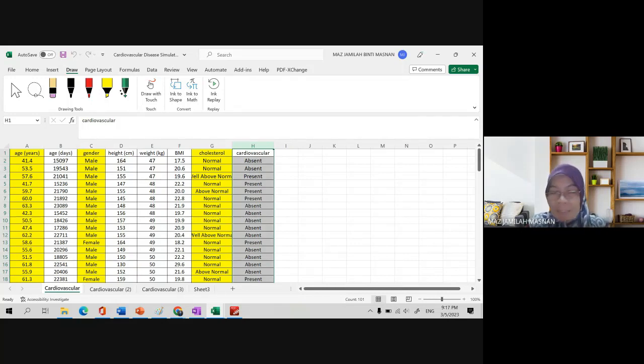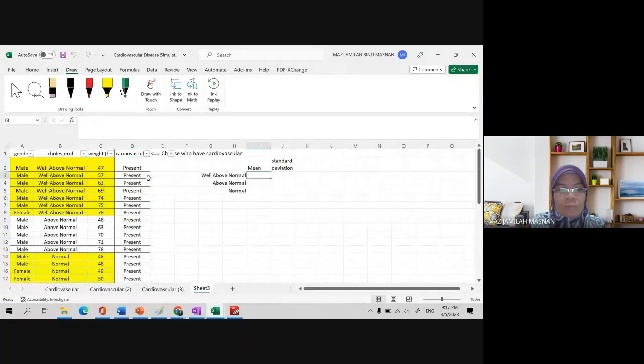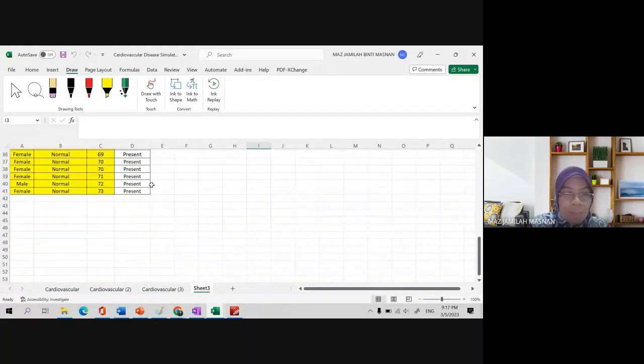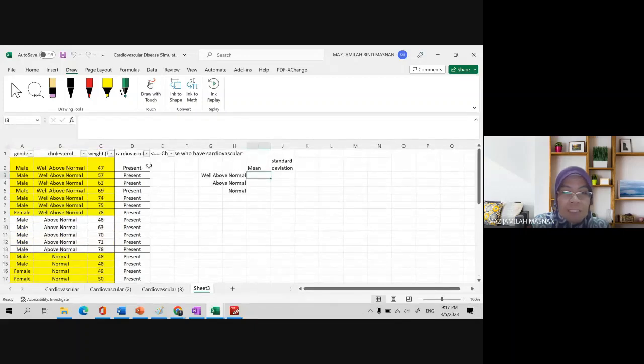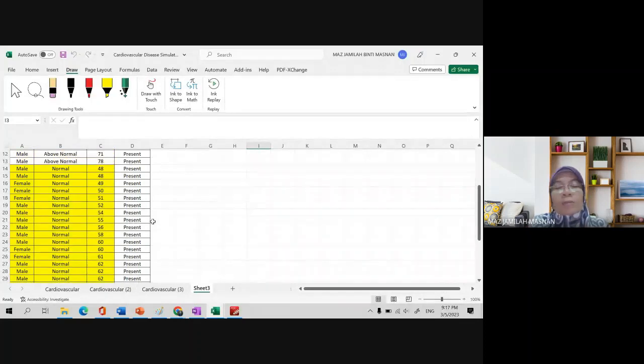So in my case, if I were to choose this particular data set, I would reduce it to only those who have already got cardiovascular. That means my selected data set will look somewhat like this one, because I'm talking about cardiovascular patients.